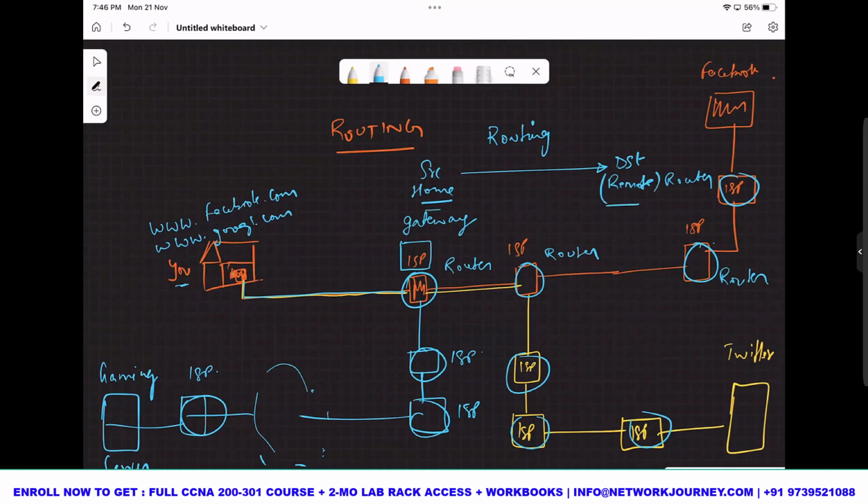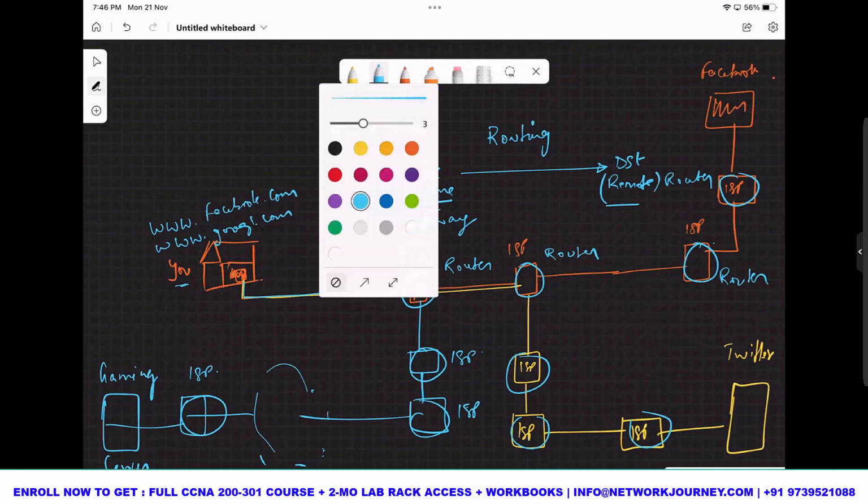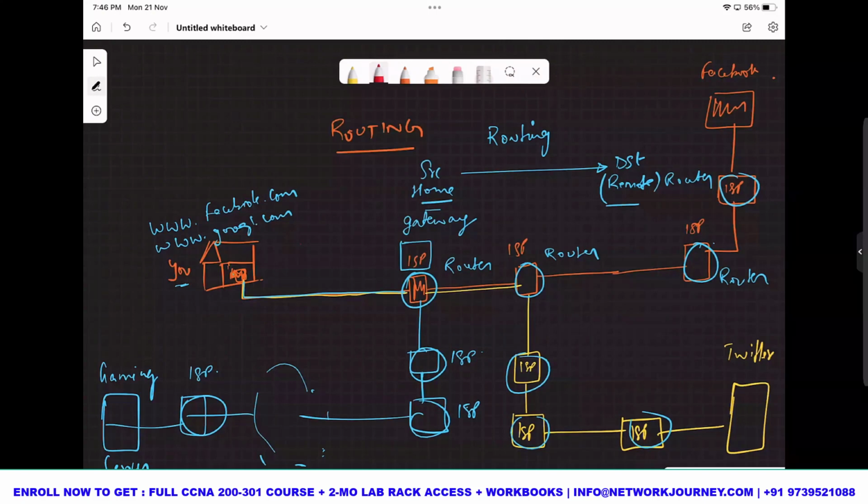So there are certain things that you need to understand while this flow happens. Let's assume that to reach Facebook, there might have been another path. ISP and ISP.